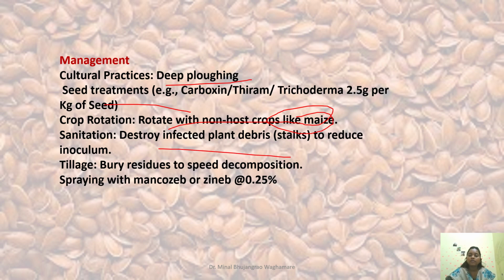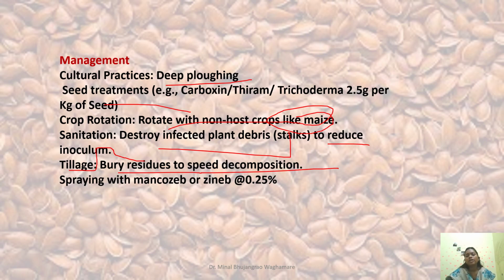Destroy the infected plant debris having the old chlamydospores and conidia, which reduces the inoculum, and this field sanitation helps to control the disease. Tillage, that is physical manipulation of soil, also helps to bury the residues and to speed up the decomposition.